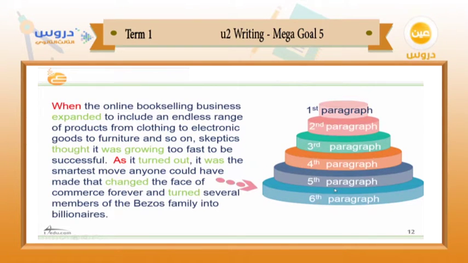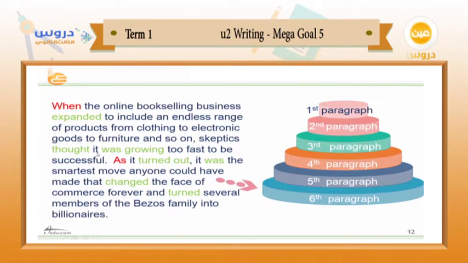The last event here is when the online book selling business expanded to include an endless range of products from clothing to electronic goods to furniture. Now he tried to expand his business by selling furniture, electronics, clothing, and different items.